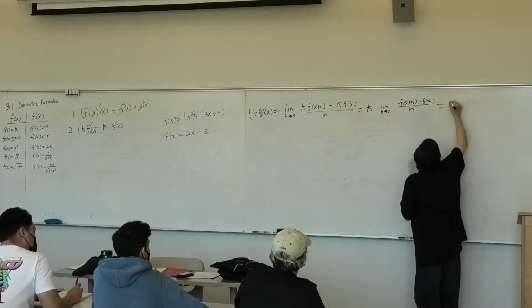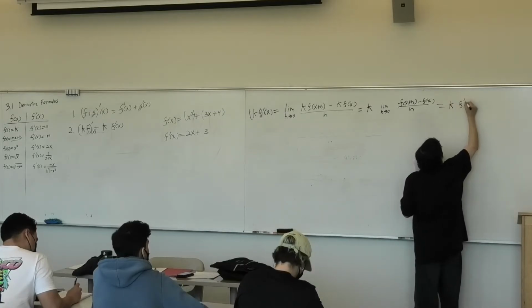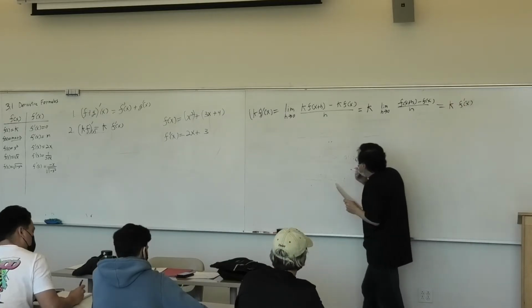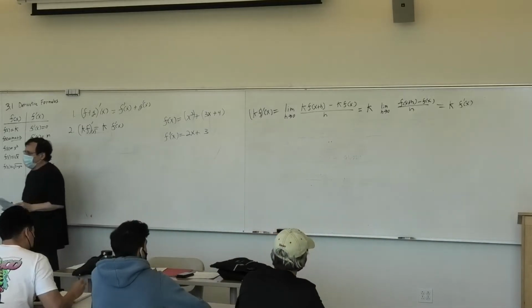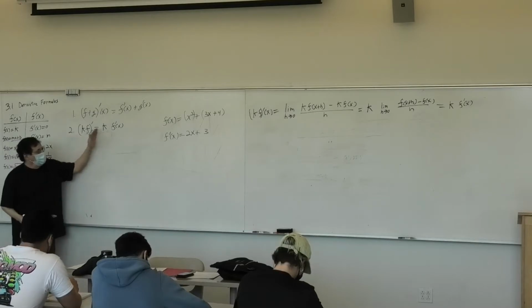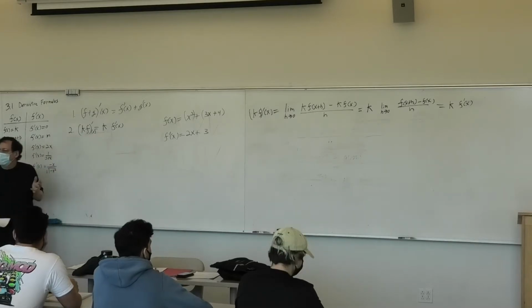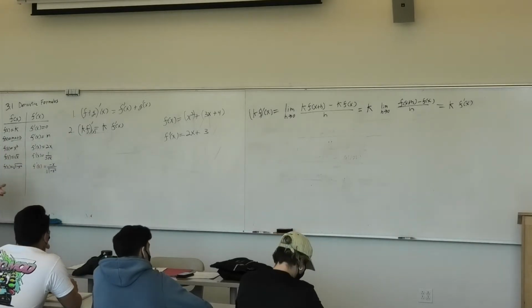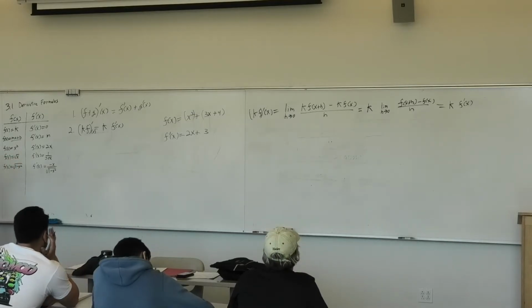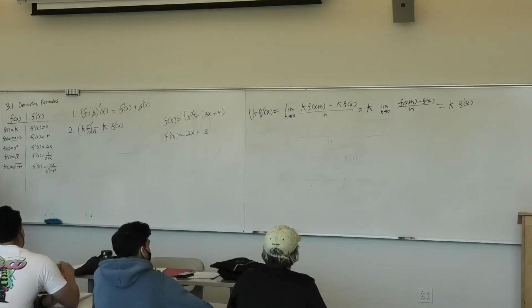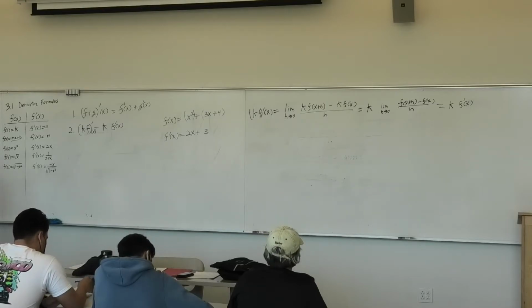And that, of course, is just k times our derivative. So all that writing just to mean constants can move in and out. I can multiply the function by any number I want, and that just multiplies the derivative by that number.